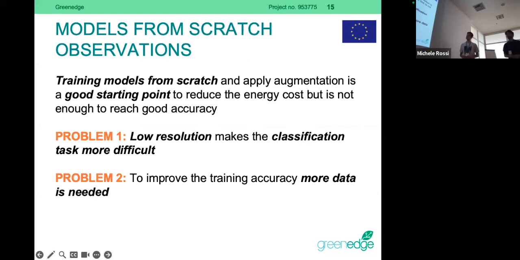The first one is that the low resolution of the images makes the classification task difficult, and also the training for the classification task. And the second problem is that to have better accuracy results, we should increase the amount of data for the training.